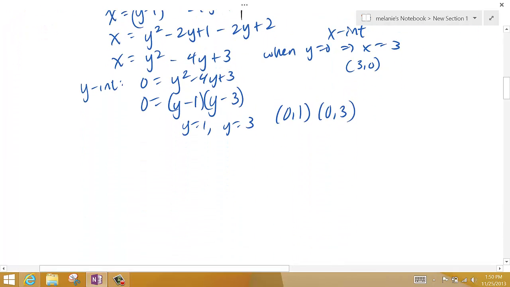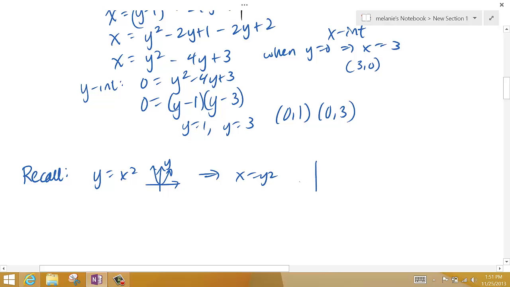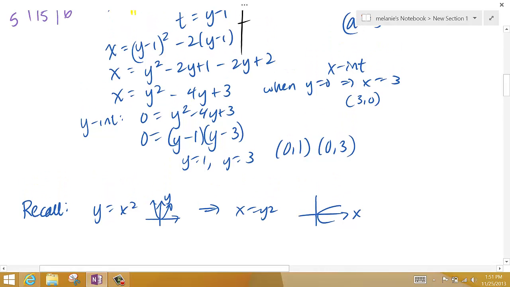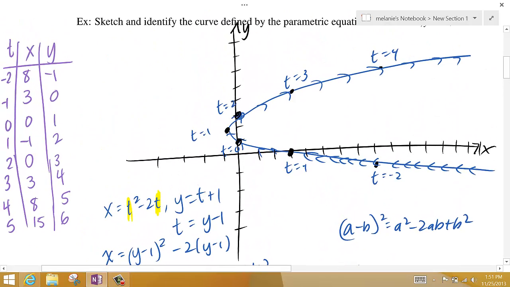And if you forget that, you can always recall that if y equal x squared is centered around the positive y, then x equal y squared is a parabola, but this time it's centered around positive x. So you can think about graphing x equal y squared minus 4y plus 3 and then twisting it.